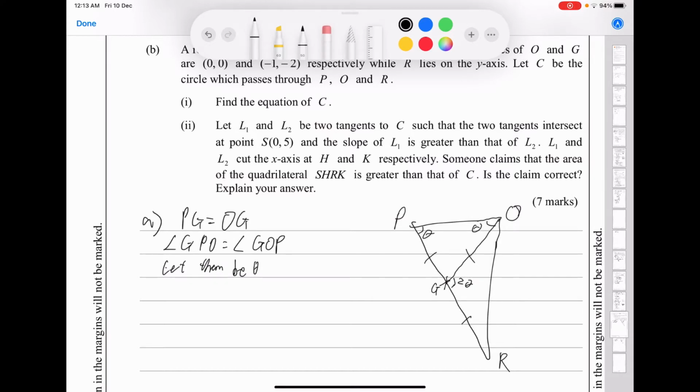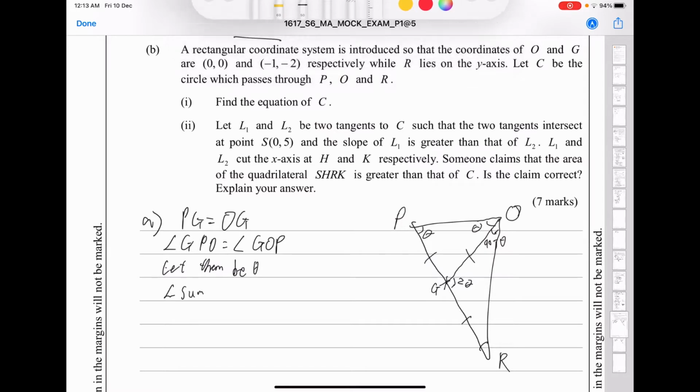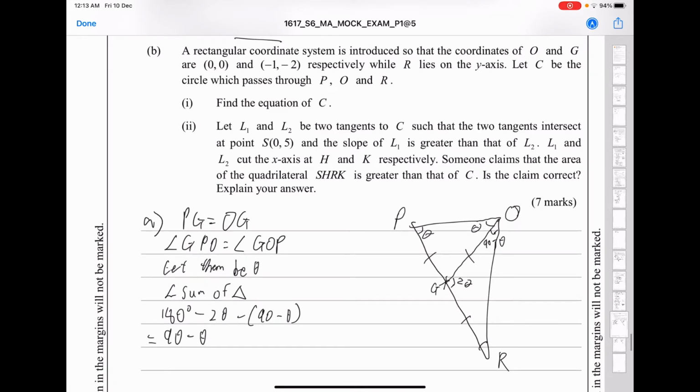Also, we know that this angle right here is 90 minus theta because this is 90 degrees. So we just need to find this angle right here. How do we do that? It's by angle sum of triangle. 180 degrees minus 2 theta minus (90 minus theta). So the answer would be 90 minus theta.